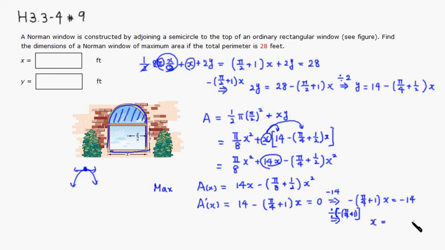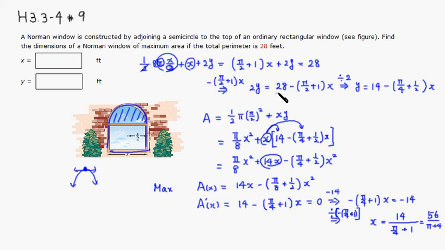The negatives cancel out, so it's just 14 over pi over 4 plus 1. So that's the x value. If you want, you can multiply top and bottom by 4 to get rid of the 4, so we can write it as 4 times 14, which is 56, over pi plus 4. So that's the x value.